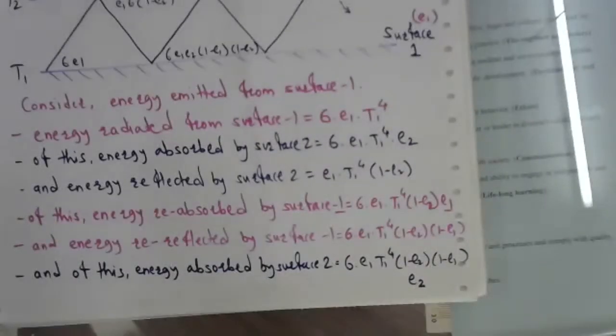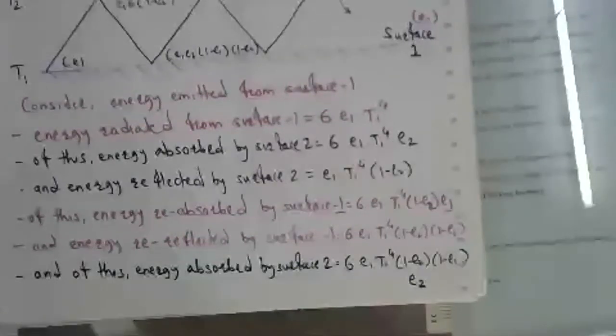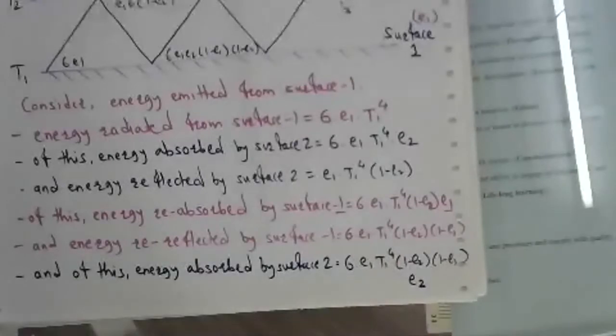Now you can observe these equations. As a result of each complete cycle of internal reflection, it is clear by comparing these equations that absorption is reduced by a factor (1 minus E1)(1 minus E2).